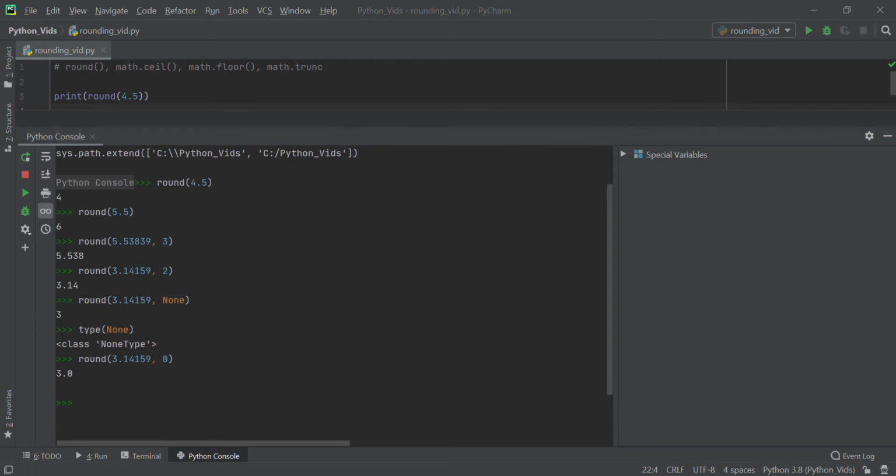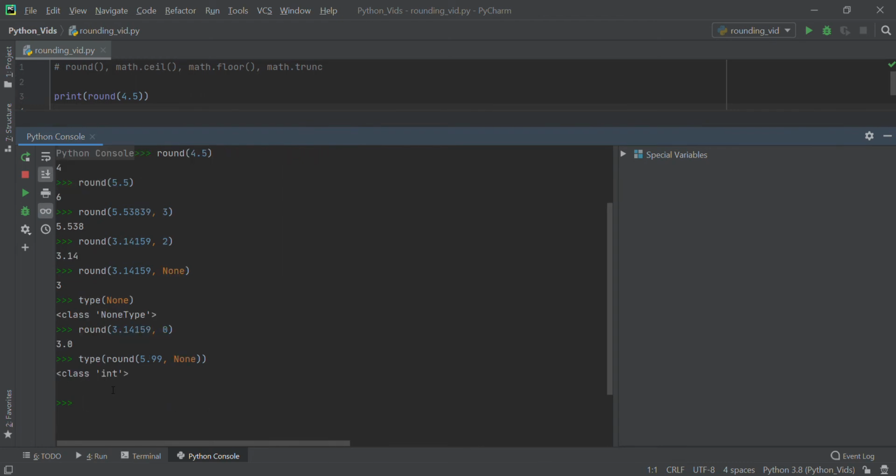Okay, and another example of this, what's the type of round, say just 5.99, None. Okay, so what's this asking? Well, we're asking, hey, do this function of rounding 5.99 to None, and then what's the type that it gives you?